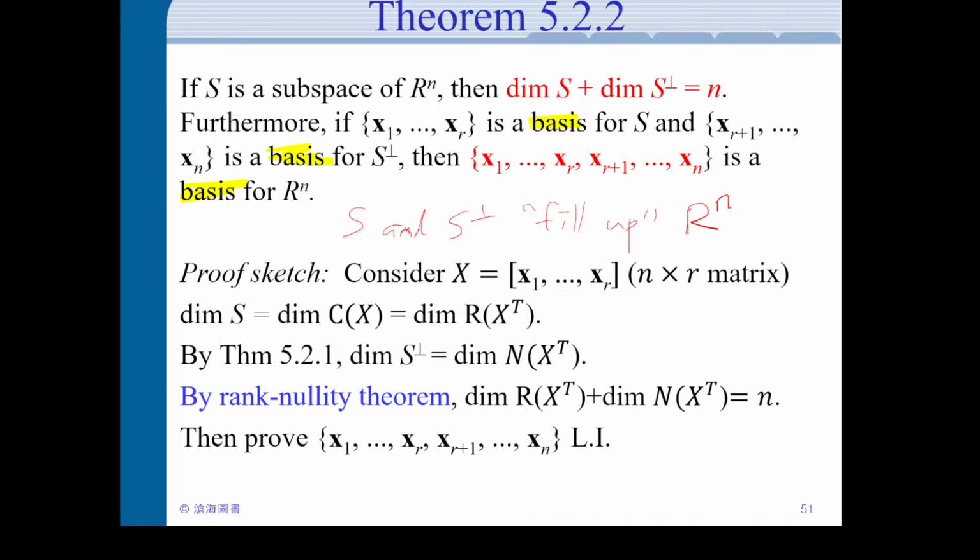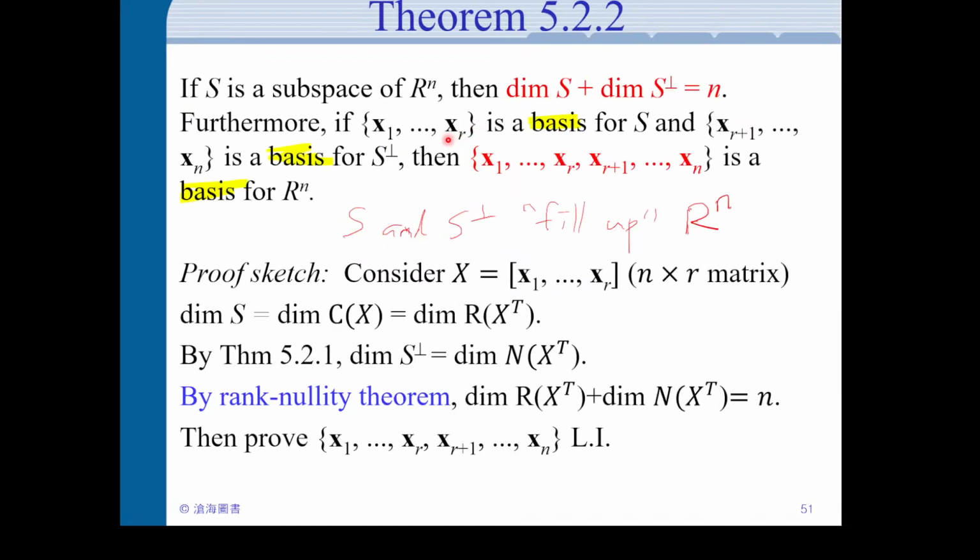Okay, so let's first start proving this. I guess we don't finish the whole proof. We left out a little bit, but we have most of the idea here. To prove this, we want to use a bit of the matrix thing we learned about.